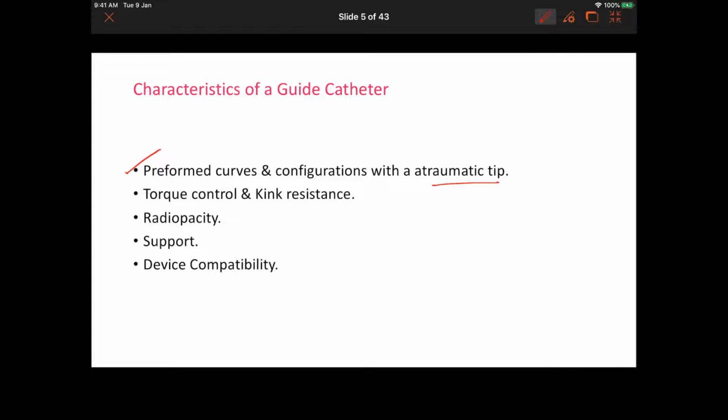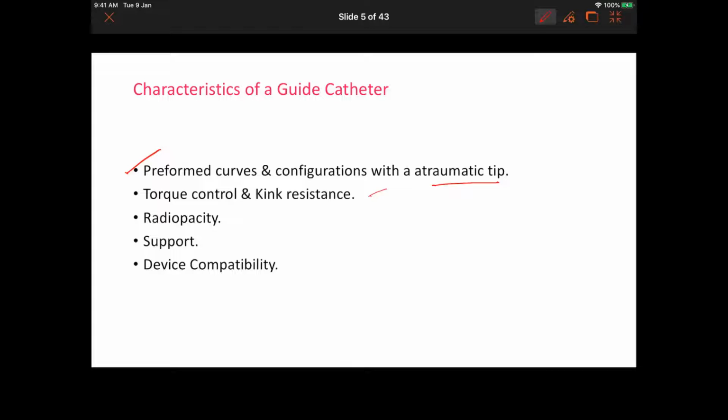If you hold a guide catheter or diagnostic catheter, it will feel very robust and stiff. But if you feel the tip, it's very floppy. This is meant to prevent any damage through the tip to the respective vessel. So the unique property should be that it has an atraumatic tip.